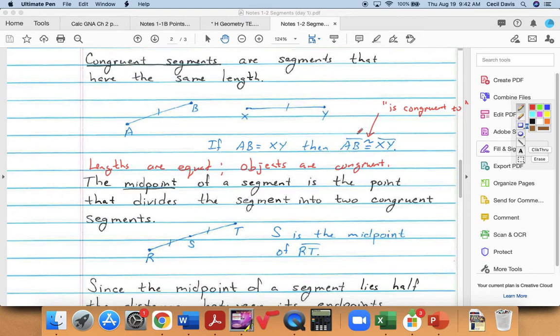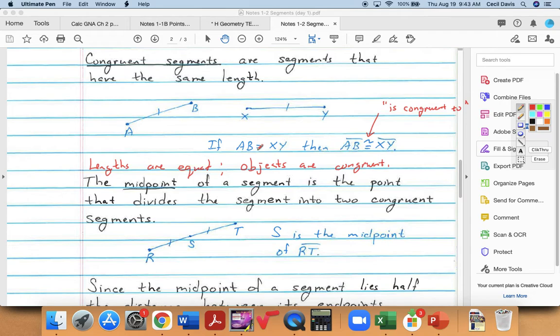So when you're talking about the physical object, this set of points, we'll say they're congruent. When you're talking about their lengths, we will say they are equal. And the idea of congruent is going to come up a lot in this class for all kinds of different figures. And the idea is pretty simple.